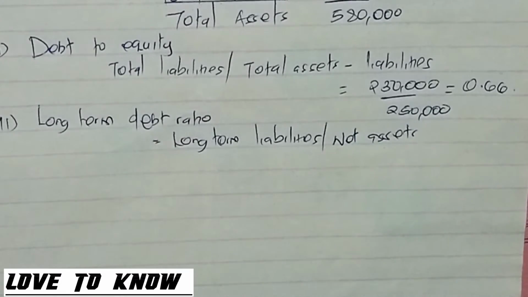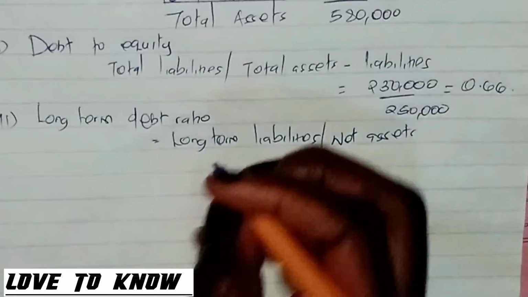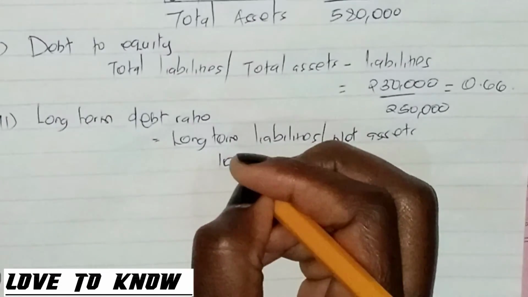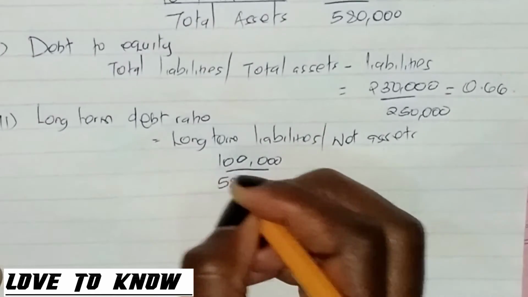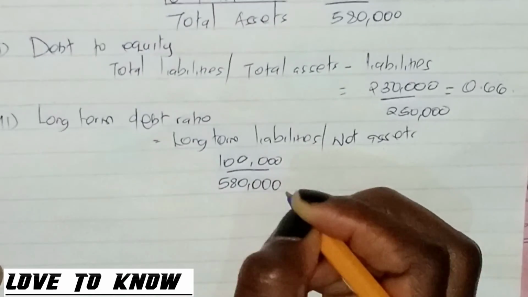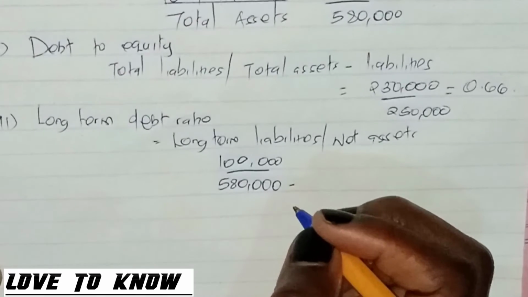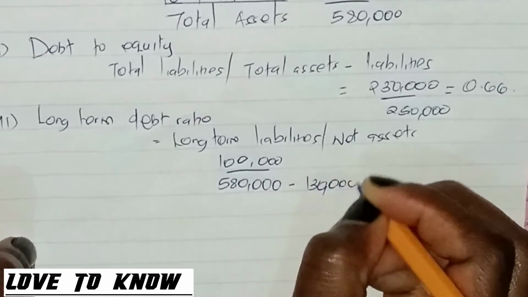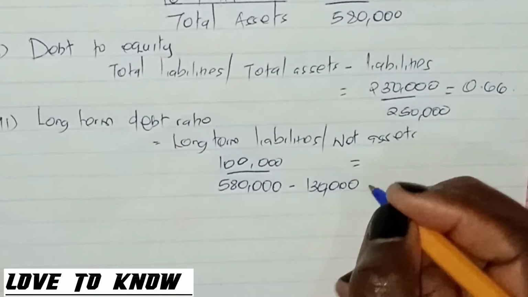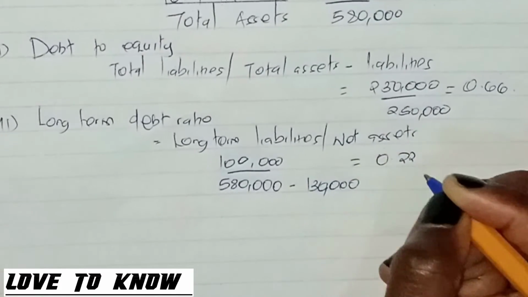From the question, it's 100,000 divided by 580,000 less total liabilities, which are the net assets. This will be 0.22.